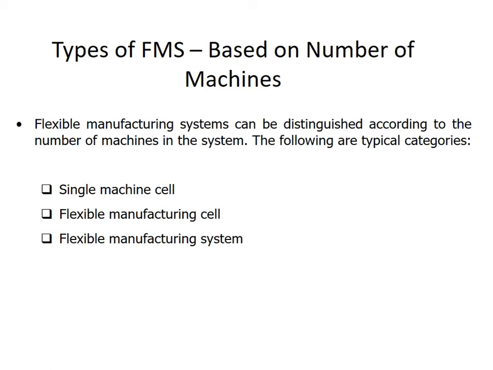There are basically three types of FMS, distinguished by the number of machines present. One is the single machine cell, the other is the flexible manufacturing cell, and then the flexible manufacturing system. This classification depends on the number of systems present.